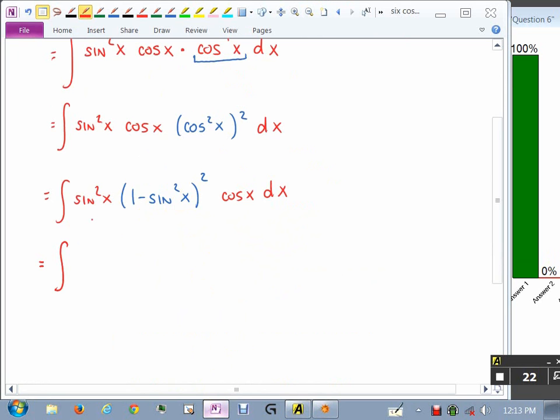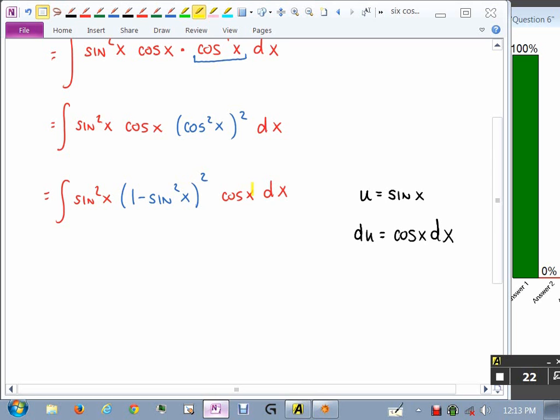Or do you want to try and let u be sine x now? It's kind of your call here. You want to try it? You want to just try letting u be sine x and see what we get? Because I can keep simplifying this more and more. Let me try it, see what happens. What's the derivative of this? Cosine x dx.